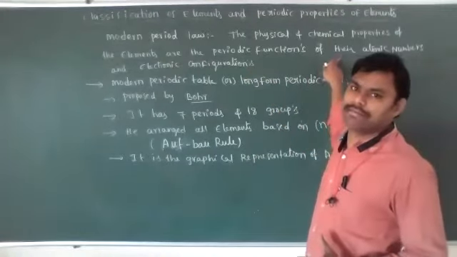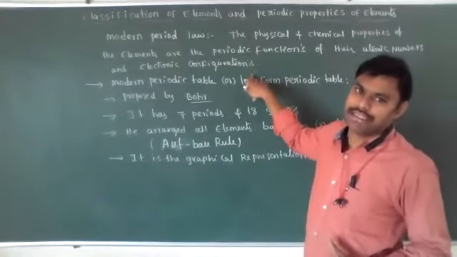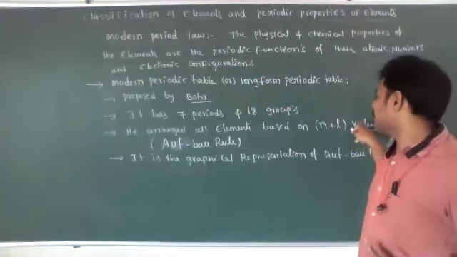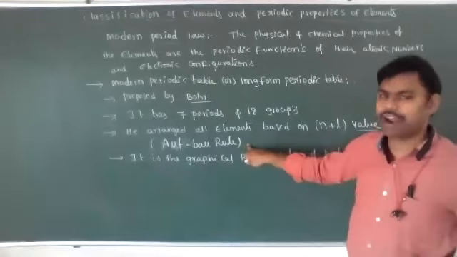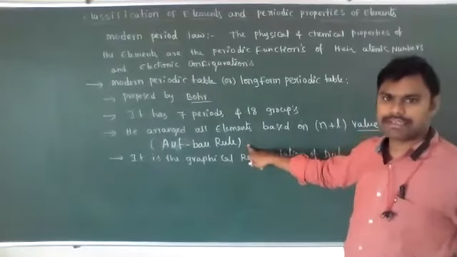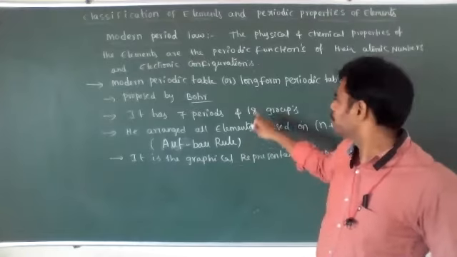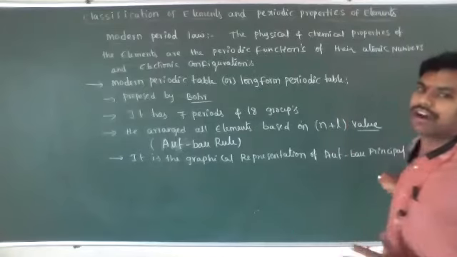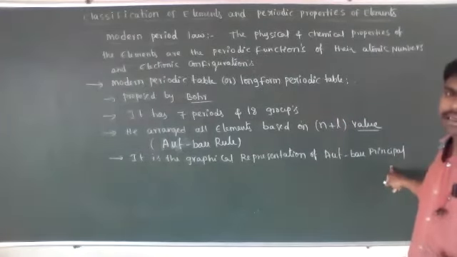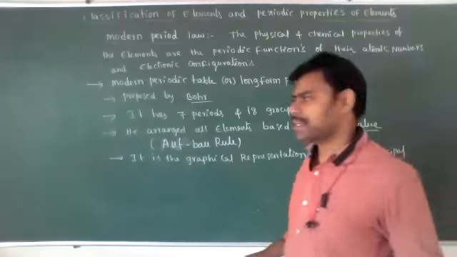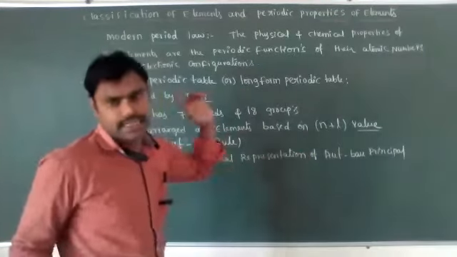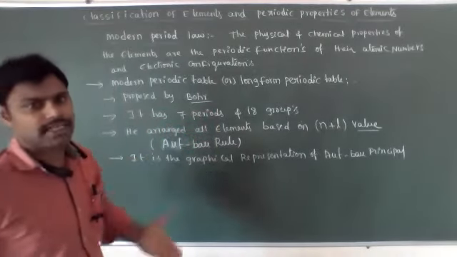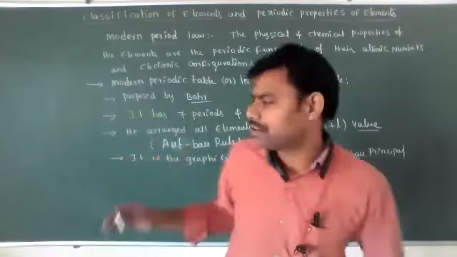They considered atomic numbers as well as electronic configurations. That's why all elements are arranged based on the n plus l value rule, which we discussed in the Aufbau rule. So the modern periodic table, or long form periodic table, is the graphical representation of the Aufbau principle. It consists of 7 periods and 18 groups. Now we will discuss what the 7 periods and 18 groups are and how they are represented.